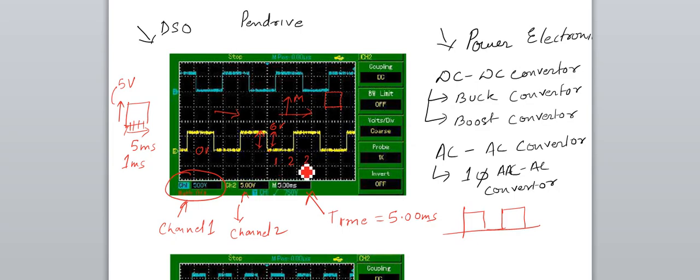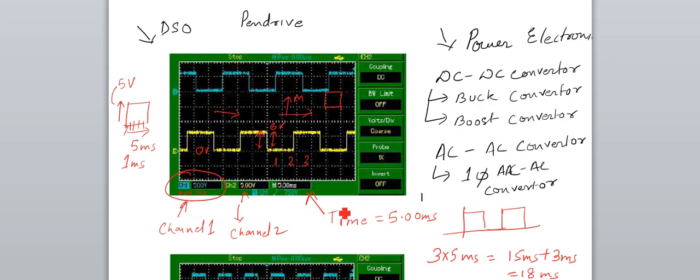So three squares means 3 into 5, that is 15 millisecond, plus 3 divisions, plus 3 millisecond, so that is 18 millisecond.